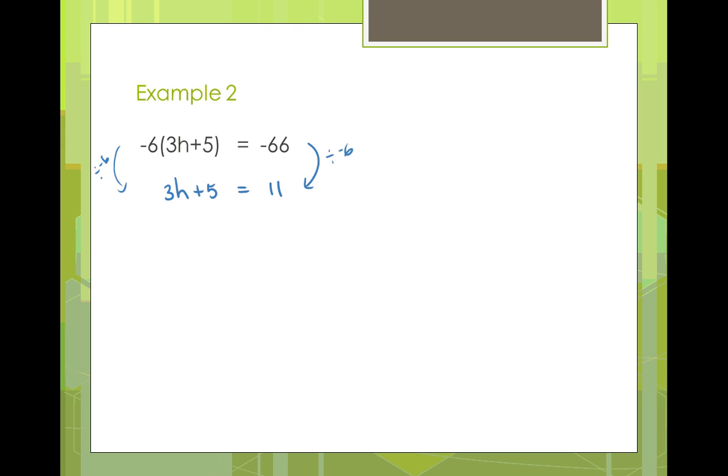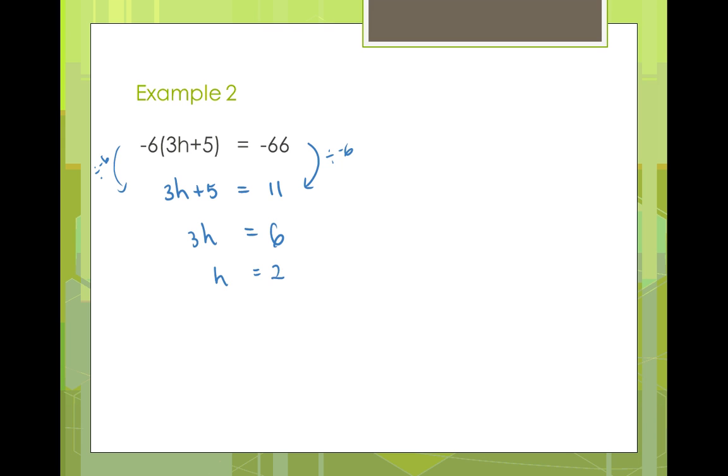Okay, finding an equivalent equation now that's a little bit simpler than the 3h plus 5 equals 11, I'm going to subtract the 5 from both sides. What am I left with? 3h, and on this side, 11 take away 5 is 6. Last step, solving by inspection. 3 times what gives me an answer of 6? Well, that h must have been equal to 2.